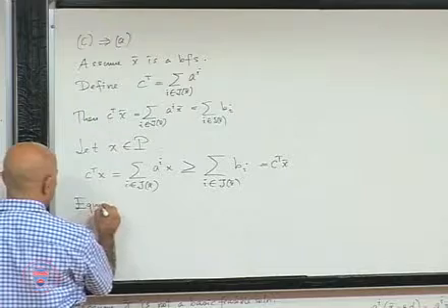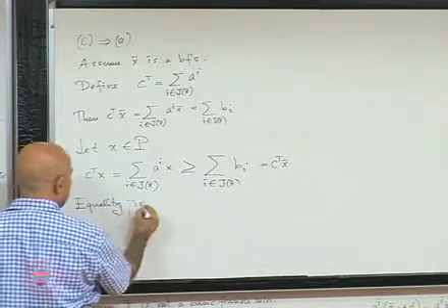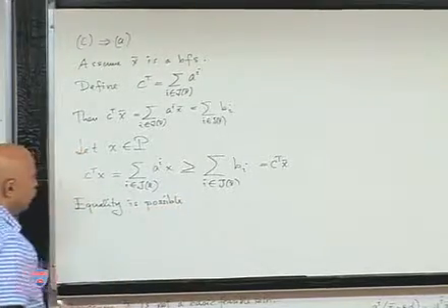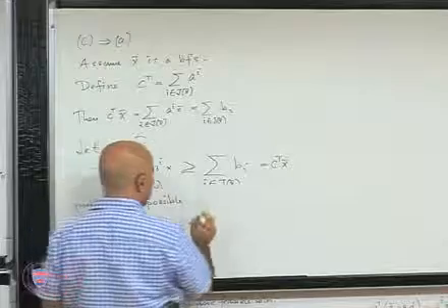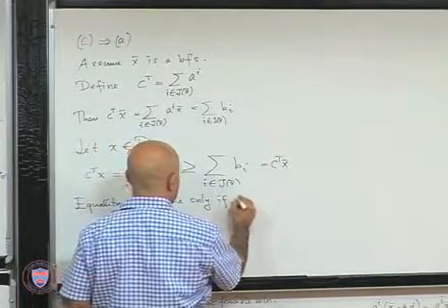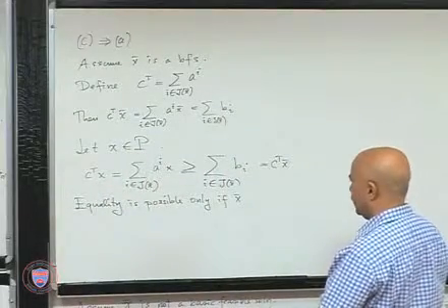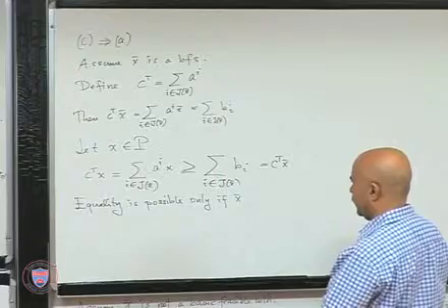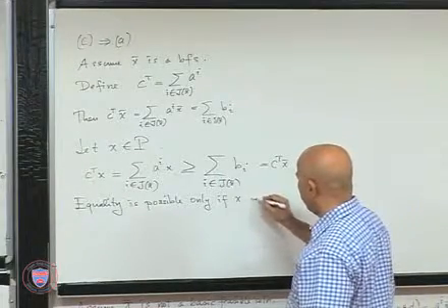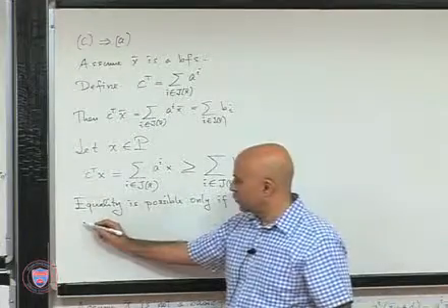Equality in this inequality is possible only if x and x bar are the same. Why is that true?